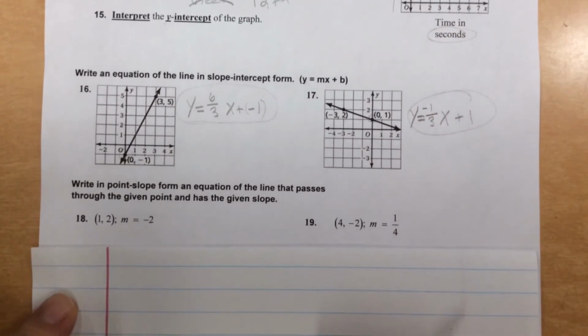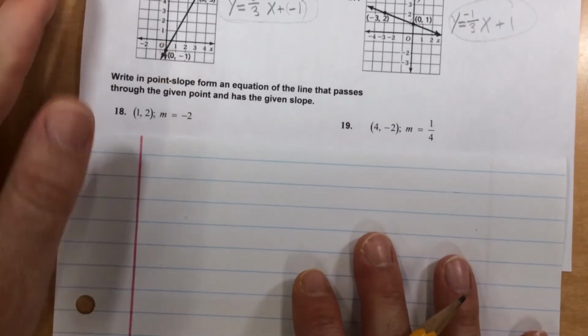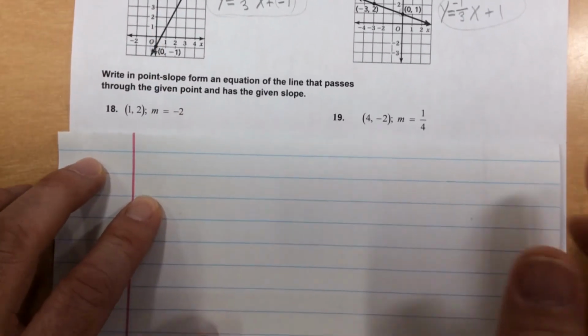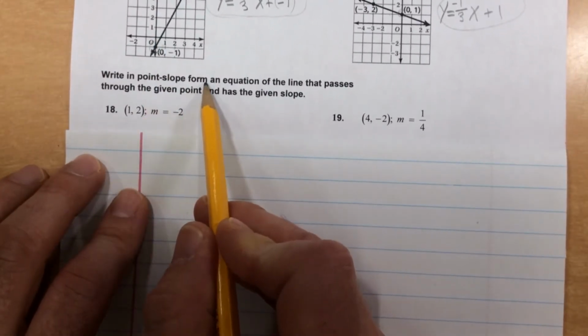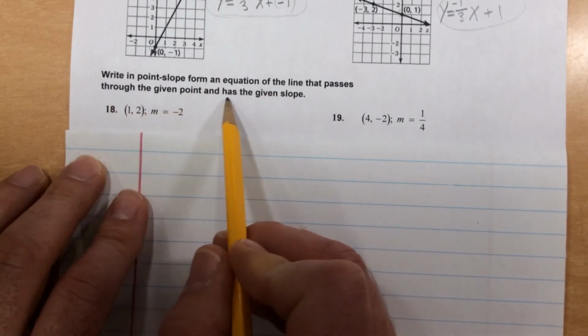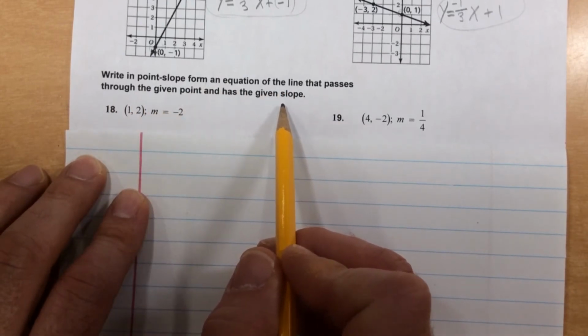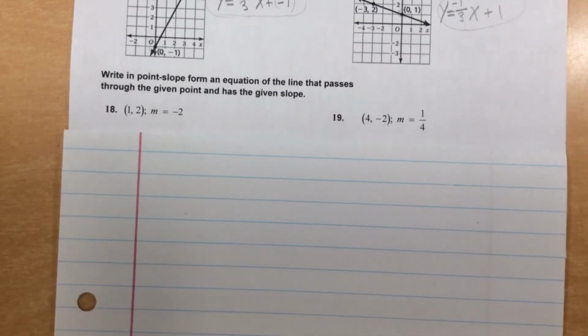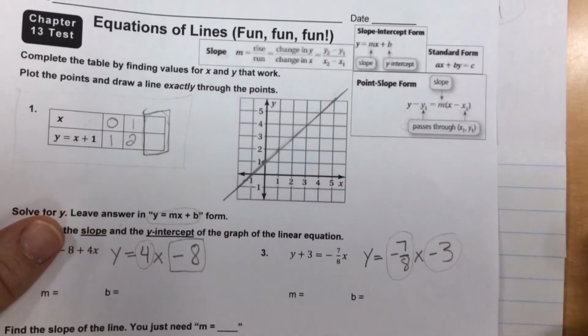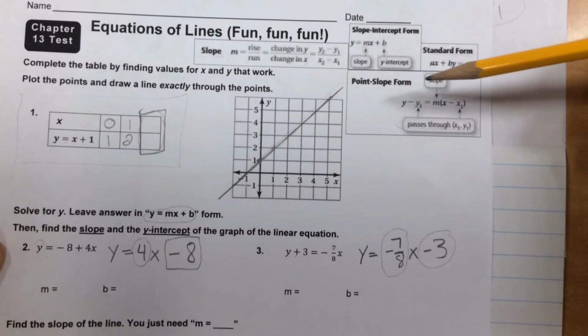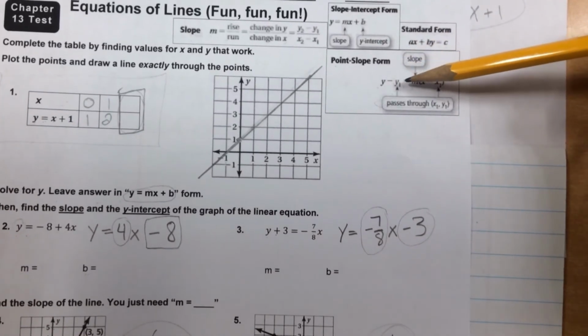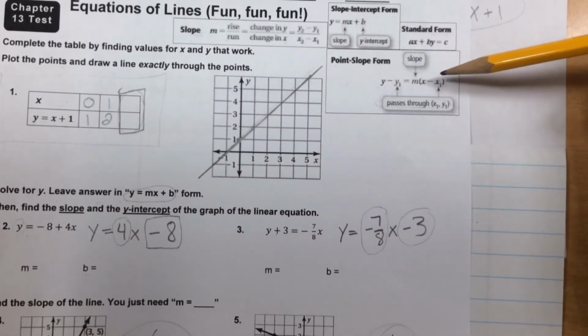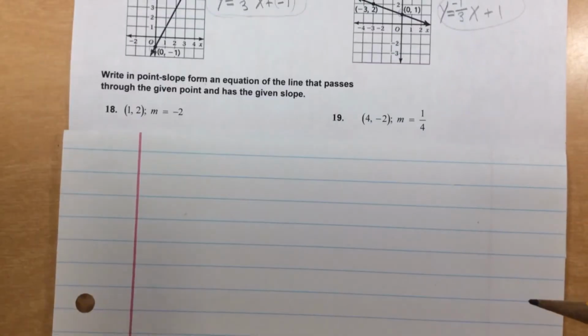Number 18. Write in point-slope form an equation of the line that passes through these. Well, remember point-slope form. Point-slope form is y minus y1 equals m times x minus x1.